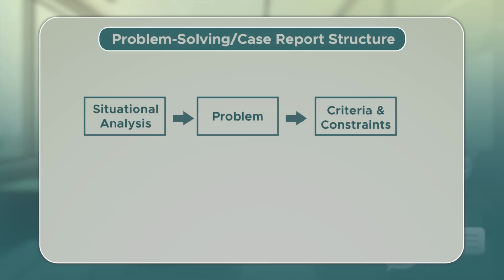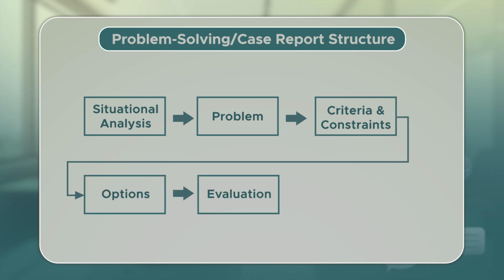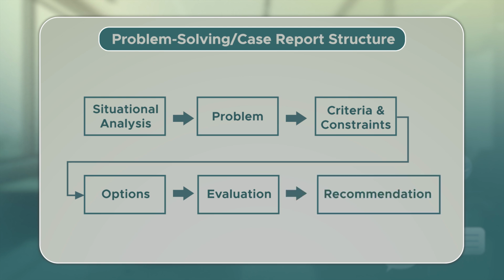So: situational analysis, problem, criteria and constraints, and based on those you generate various options. You evaluate those options in the next step, and as a result of that evaluation come the recommendations that you make.